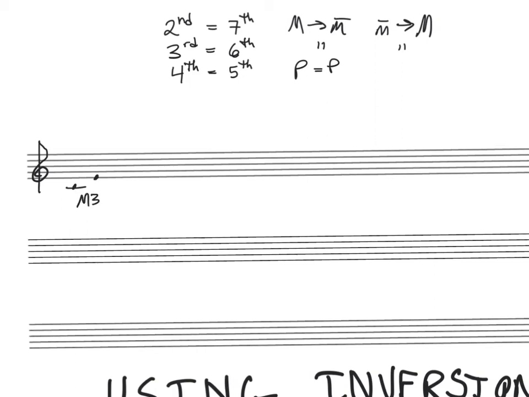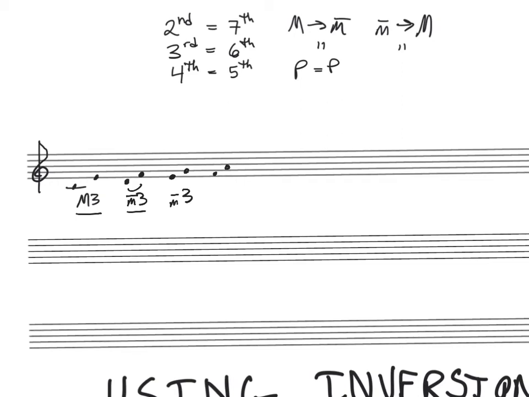And then before we talk about inversions, let me just show you this pattern because it's a pattern that you're going to need to remember for other reasons. So here is D up to F, and that is a minor third. Remember, major, minor. E up to G is again a minor third.